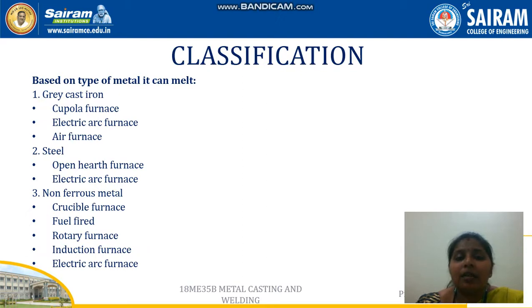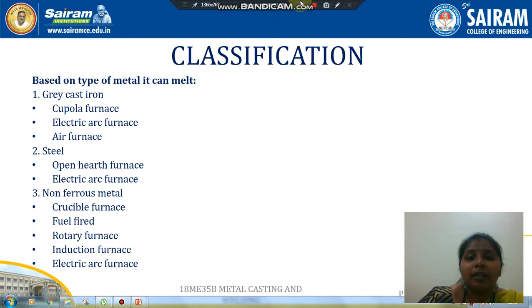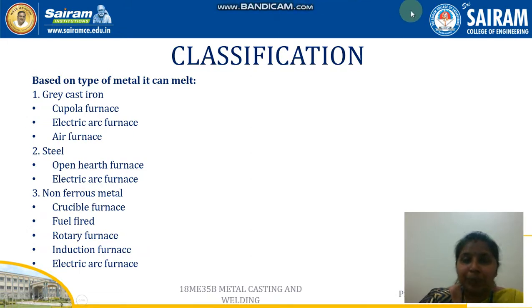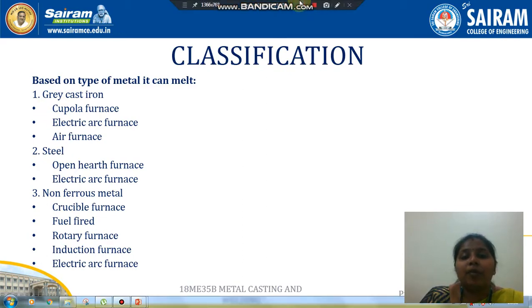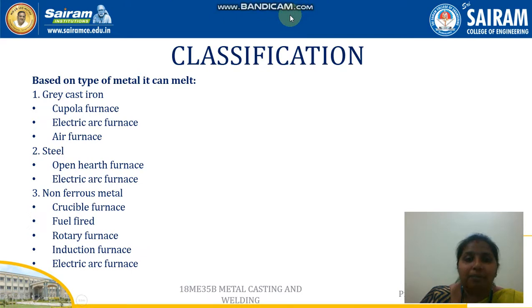The second metal is steel, for which the furnaces used are the open hearth furnace and the electric arc furnace. The third is non-ferrous metal, where we use furnaces like the crucible furnace, fuel fired furnace, rotary furnace, induction furnace and electric arc furnace. This is the classification of furnaces based on the type of metal they can melt.